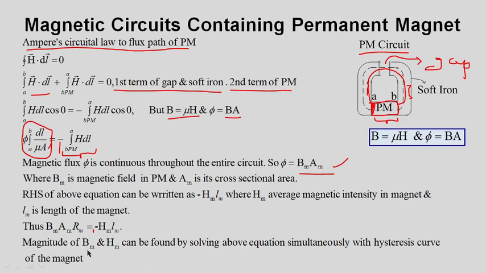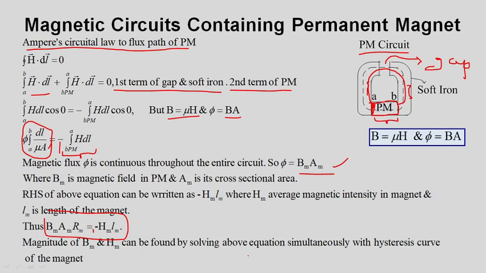So we get this equation, and this Bm and Hm can be found by solving the equations simultaneously. You have to use the hysteresis curve for this soft iron. Then by using that, we can find out. So that's the way to calculate. We are not calculating that here. It's not required for you, but we can find it.